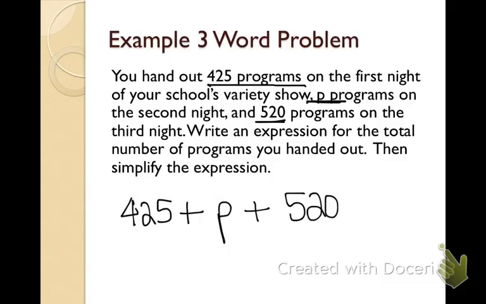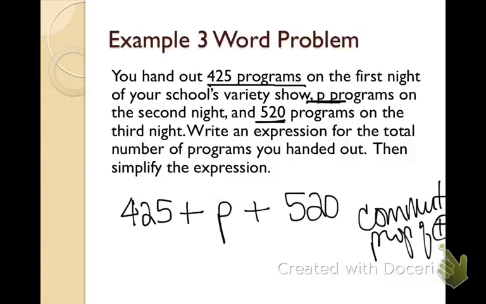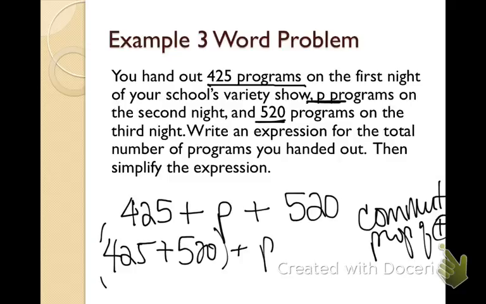So now I just need to rearrange the order that I have these. And so remember, that's a commutative property of addition, which is a positive sign for addition. So I'm just going to change the order. And then I'm going to use my associative property to associate my numbers together. So associative property.